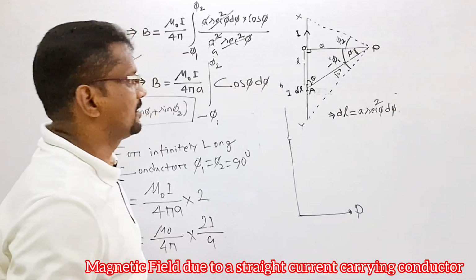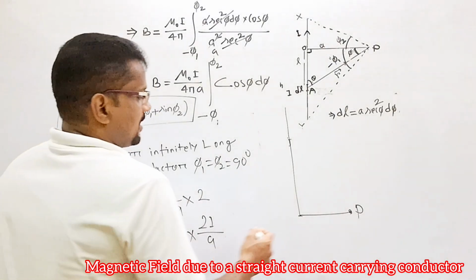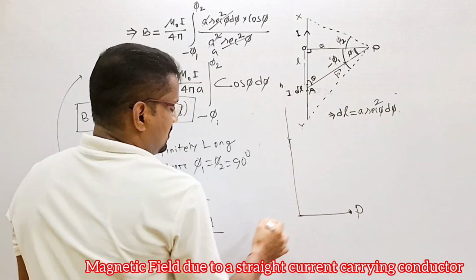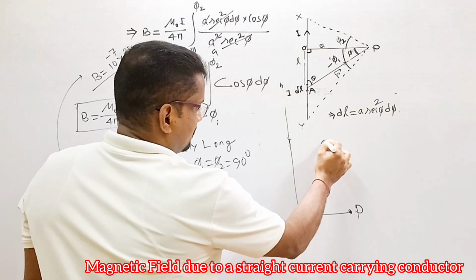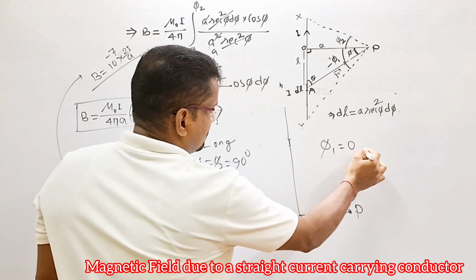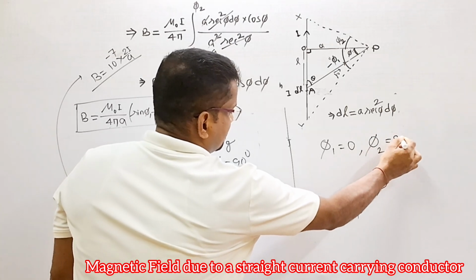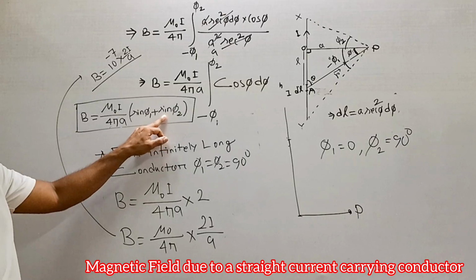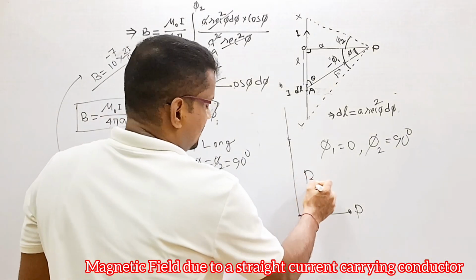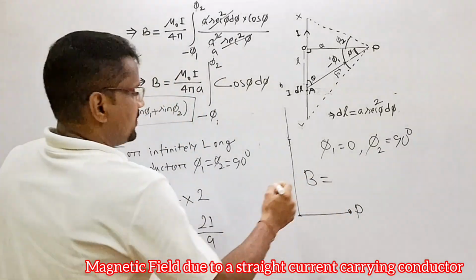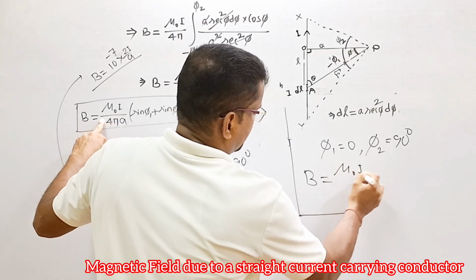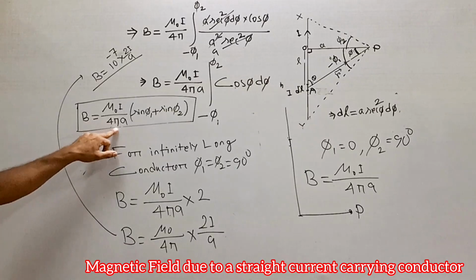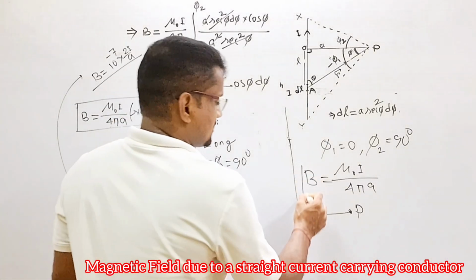In that case, phi 1 equals 0, and phi 2 equals 90 degrees. If you put 0 and sin 90, the magnetic field B will be μ₀I by 4 pi A. This is the special case.